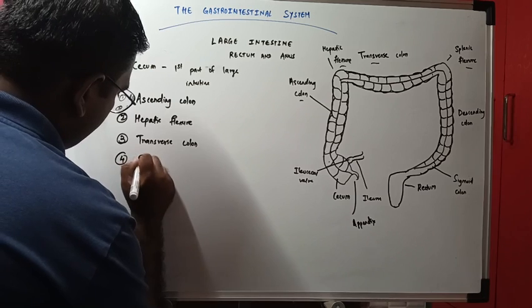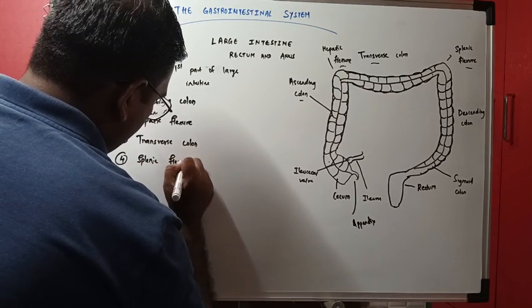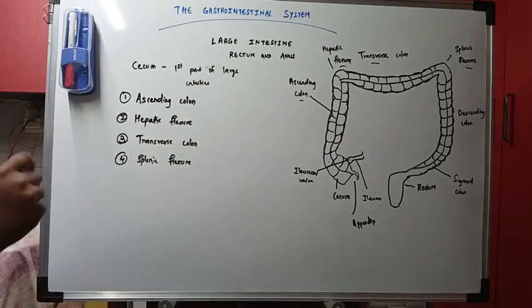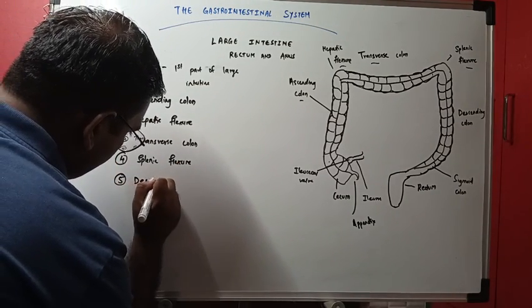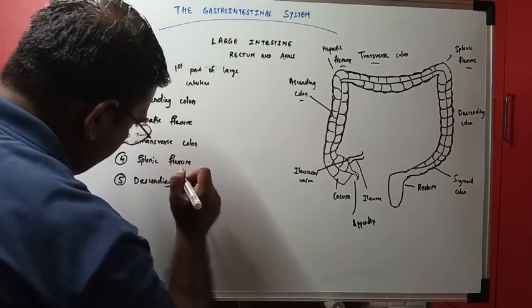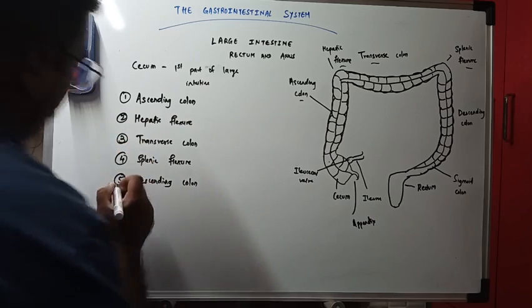Then we have the splenic flexure. Then in the descending area there is the descending colon, and there is the sigmoid colon.